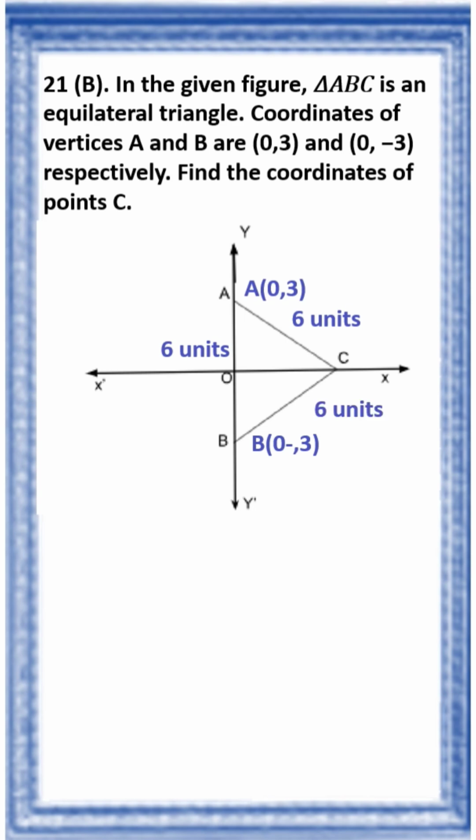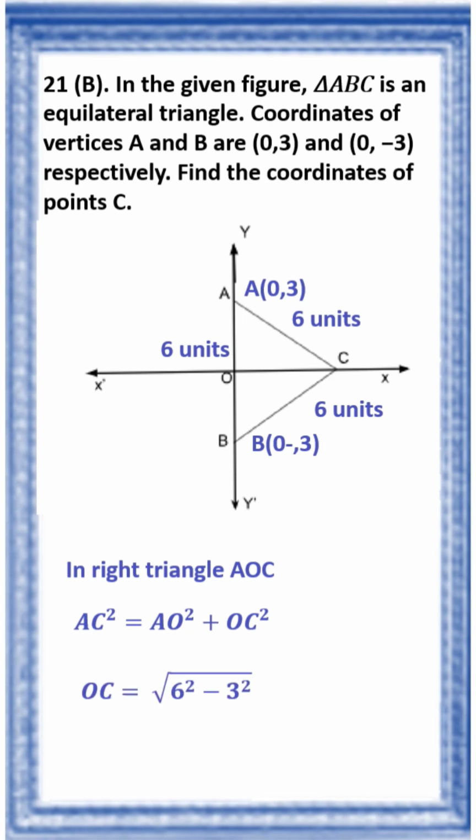Now let us take the right angle triangle AOC. Here AC square is equal to AO square plus OC square. Here the only thing we don't know is OC square. So OC is equal to, how can we calculate? AC square minus AO square. AC is 6 square minus AO is 3 square. So that is equal to 6 square is 36, 3 square is 9. So OC is equal to root 27, which is equal to what? 3 root 3 units.